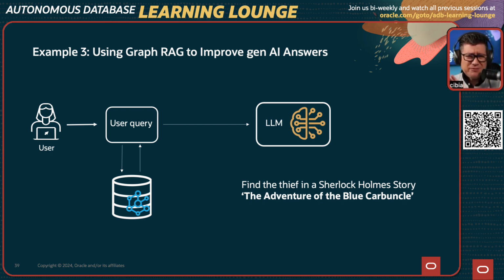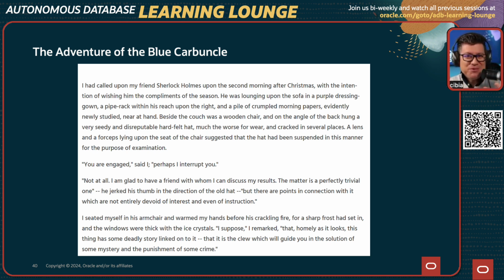But we're looking at a book. Think about a Sherlock Holmes story, The Adventure of the Blue Carbuncle. We as humans can read the story as Sherlock Holmes goes along, and the answer is always on the last page, where you see who actually did it.